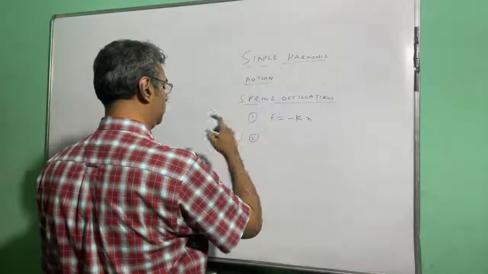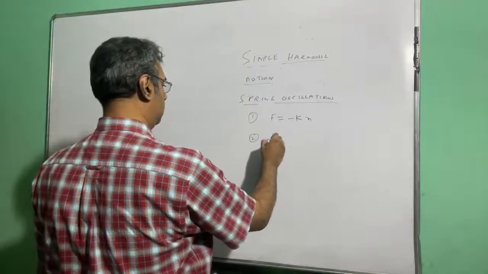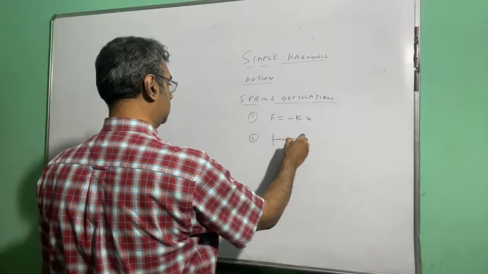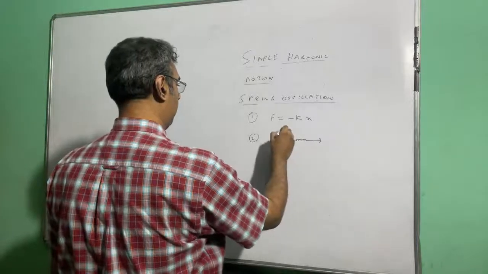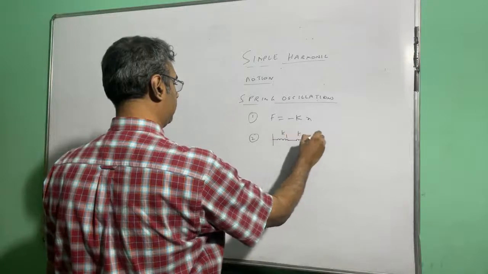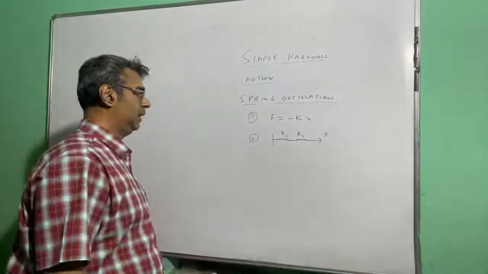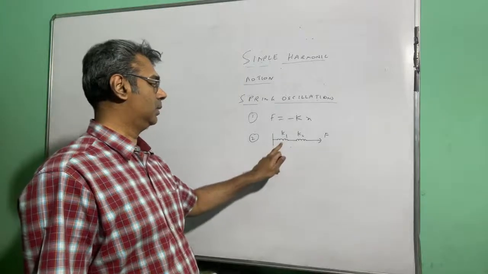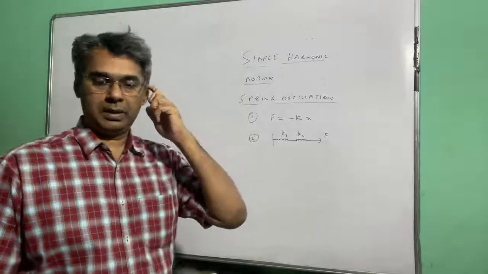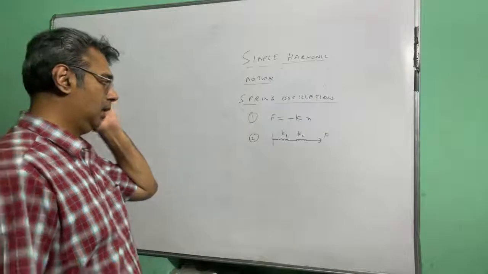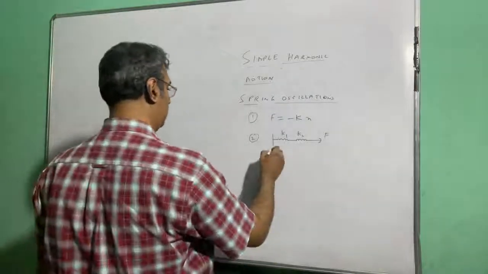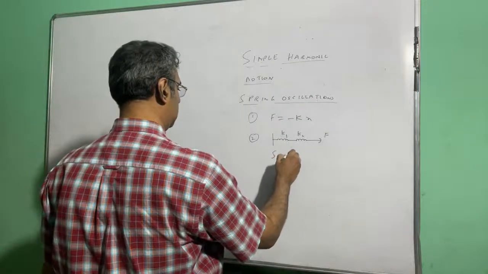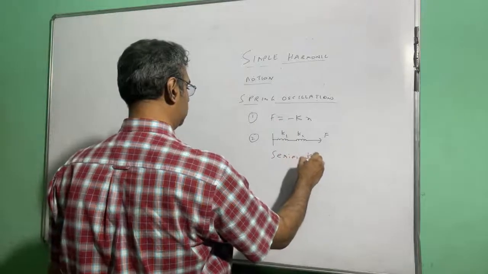Number two, if you have springs connected to each other, like this is one spring, this is another spring. If you have two springs connected to each other like this, then they are called springs in series.